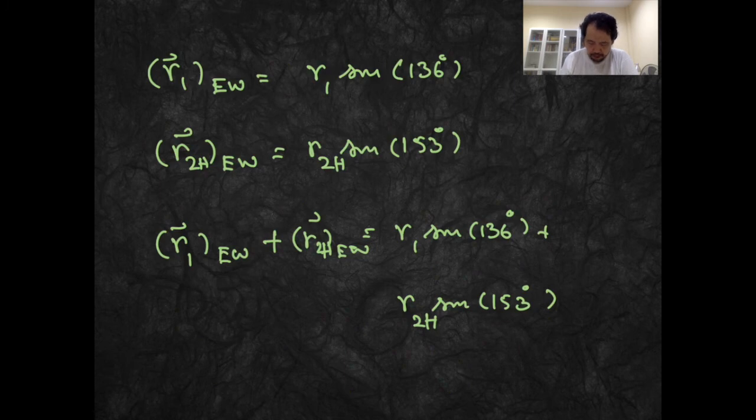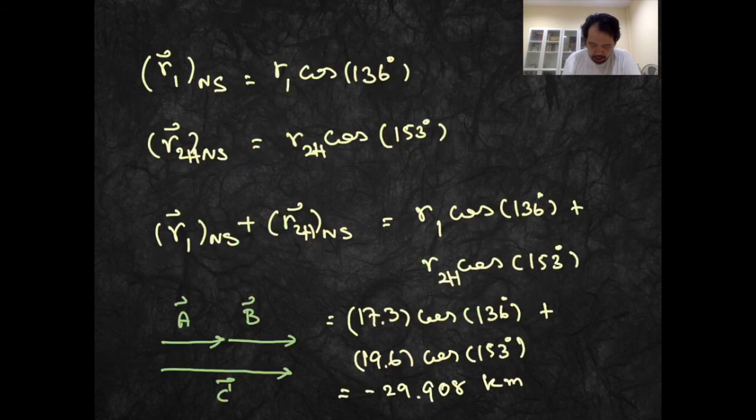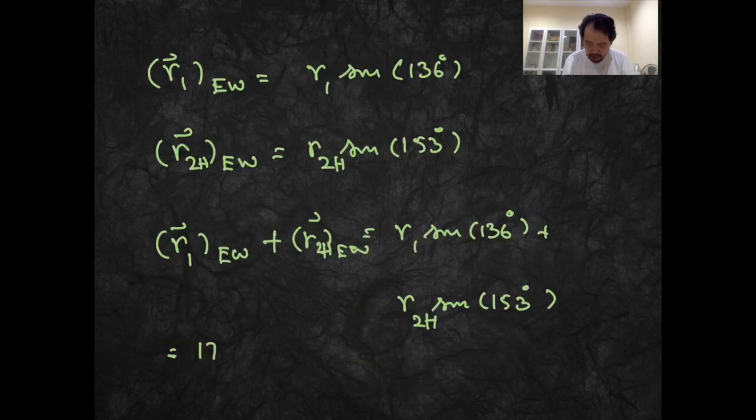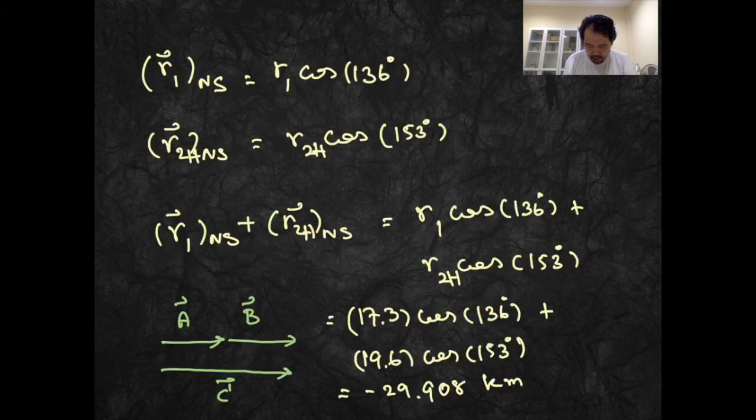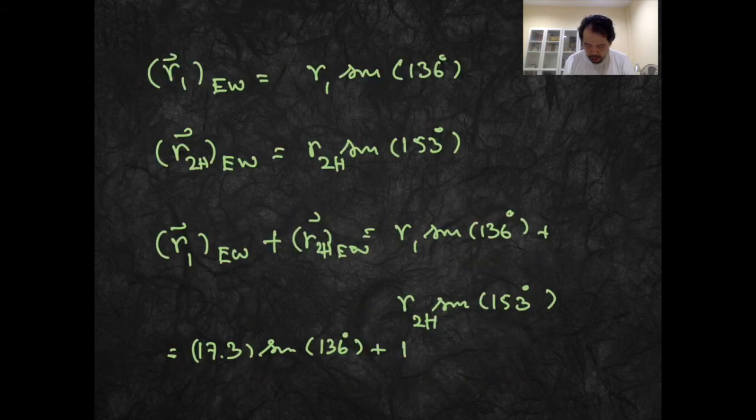Now, for the east-west component, it is equal to 17.3 sine 136 plus 19.6 times sine 153 degree.